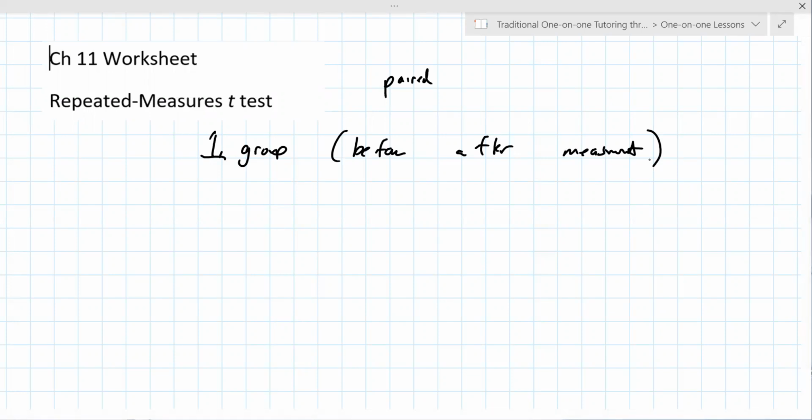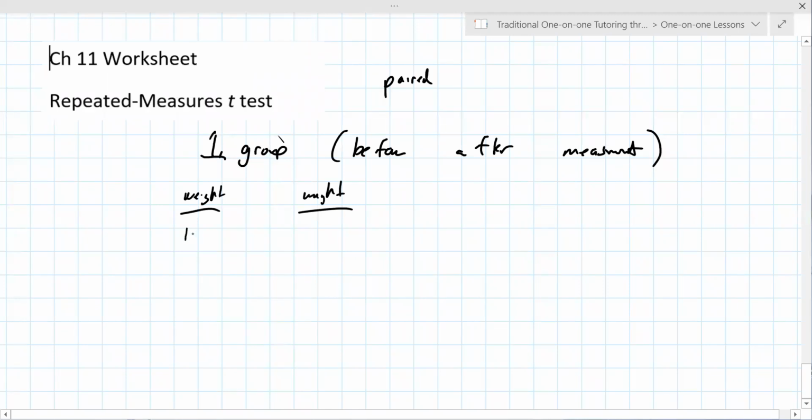But say you're testing a new drug and you give it to the group. Before you give it to them, you measure their weight, and then their weight after. It's the same people. If this person was 150 and the drug worked, it's 145 maybe. Or you did something, but just to that group.